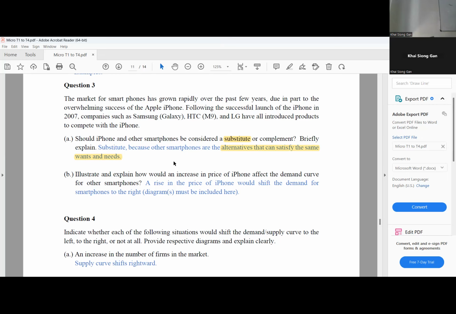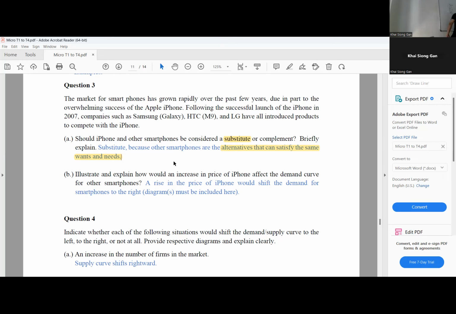When the price of iPhone has increased, the quantity demanded for iPhone will go down. But this is the price factor, so this is not my concern. I want to see how the change in the price of iPhone affects the other smartphones. Now people do not want to have iPhone anymore. They will buy other smartphones. So demand for other smartphones will increase, and this is my concern, and this is what we call the non-price factors.